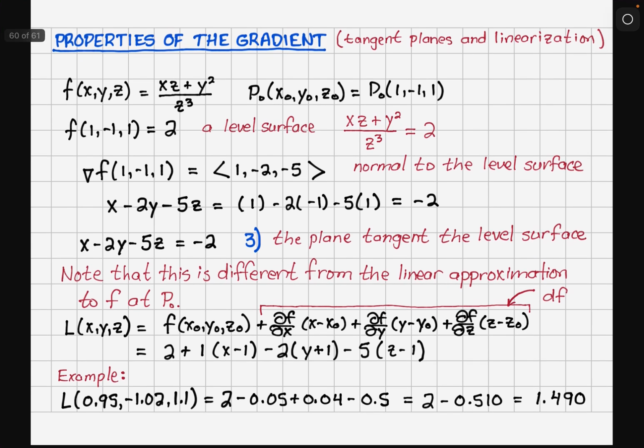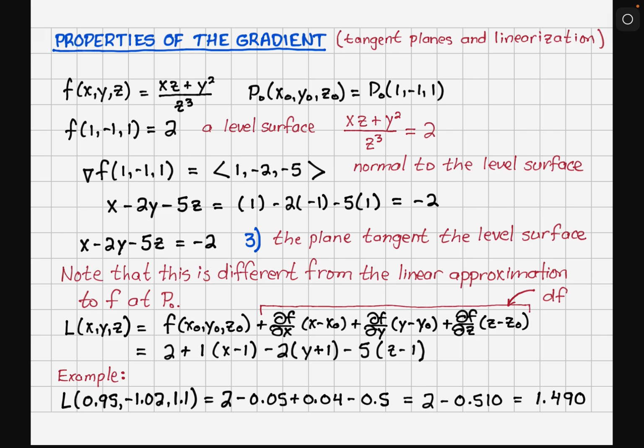Look at another calculation, and let's compare creating a tangent plane to a level surface and a linearization. So f as a function of three variables, xz plus y squared over z cubed, at the point (1, -1, 1).